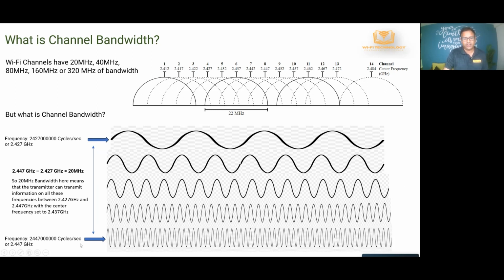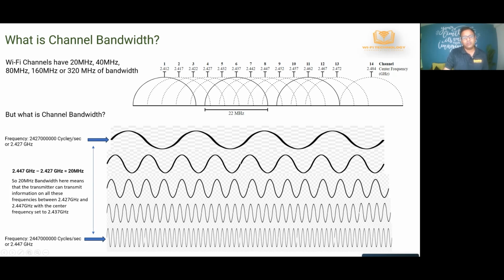And if you go all the way up to, let's say, 2.44 gigahertz, which is 2.44 billion cycles per second, let's assume that this is that waveform. So channel bandwidth means that you can use all the frequencies that are between these two frequencies. So between 2.42 and 2.44, you can use all frequencies for your transmission.